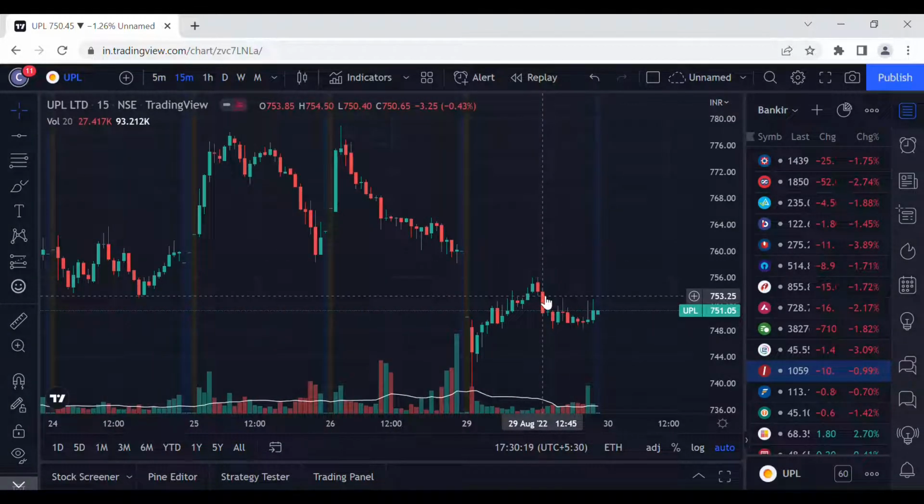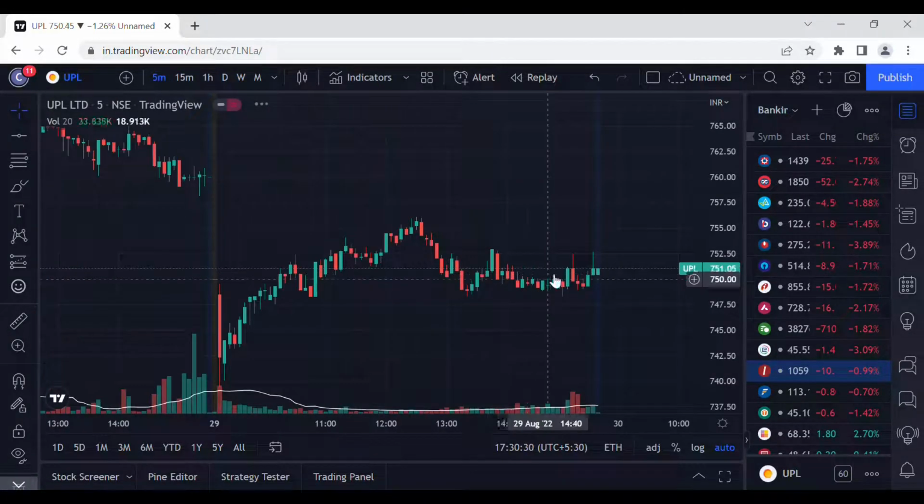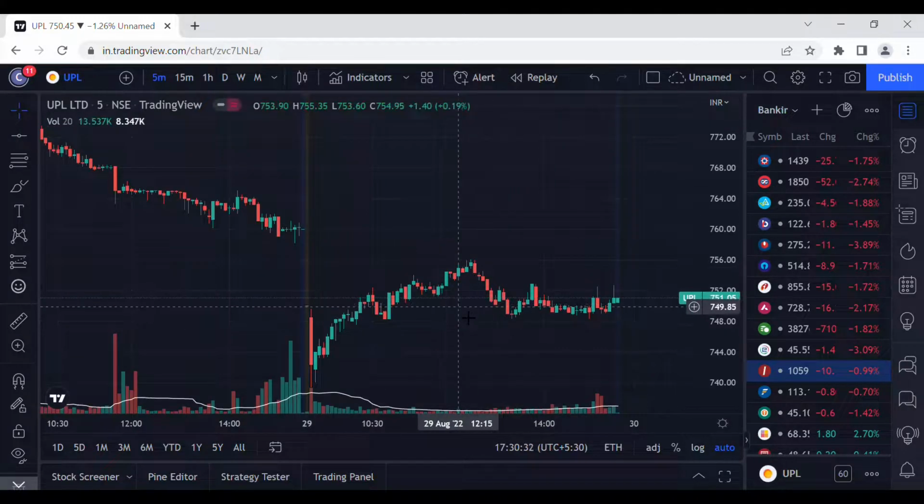Entry price was at 753. Let's see in a 5 minutes time frame. Entry price was at 753 around 12:01 p.m. In this candle, trade got executed.